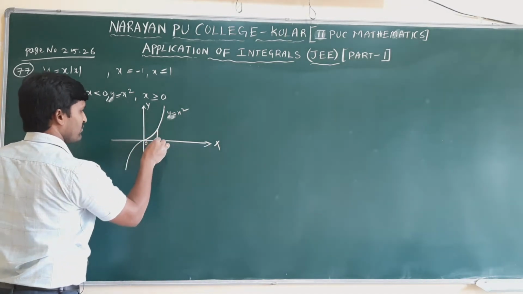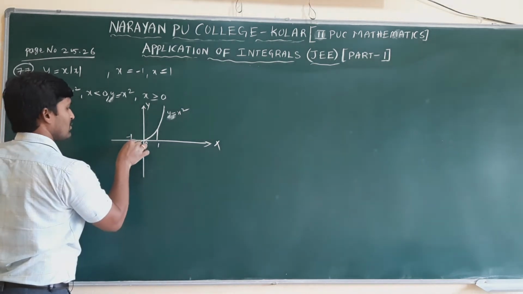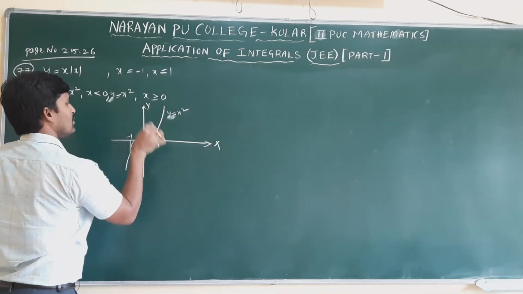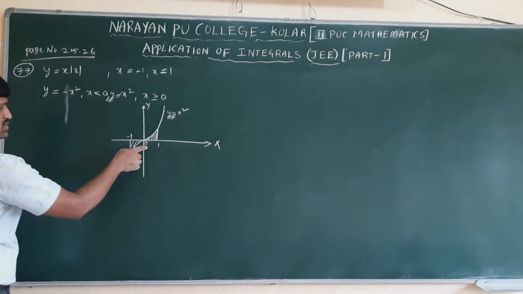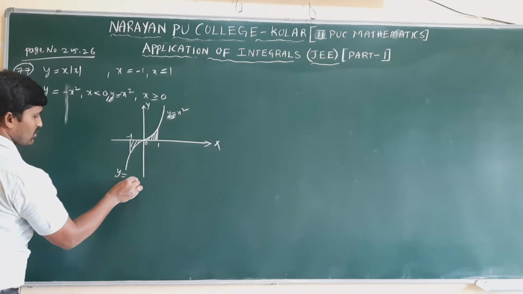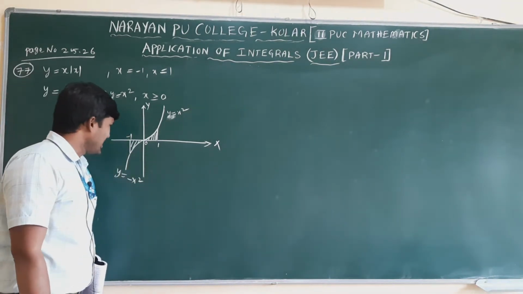They are asking the area between minus 1 to plus 1. To find the total area, we have to take two parts here. From minus 1 to 0, the curve is y equals minus x square, but this region is below the x-axis.